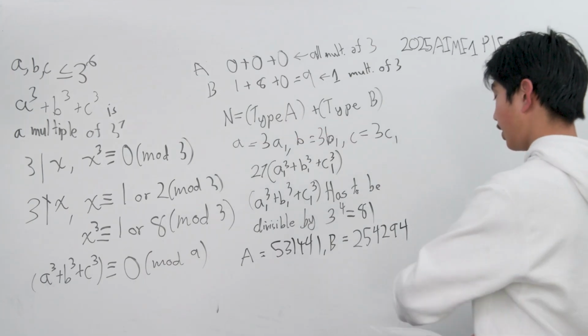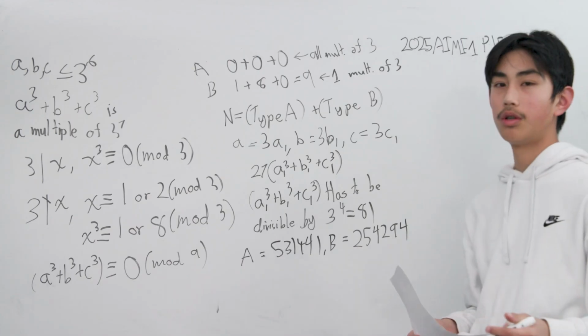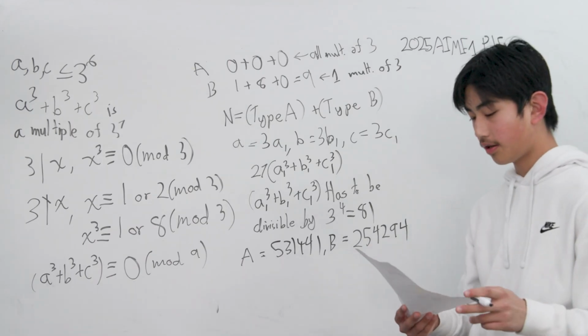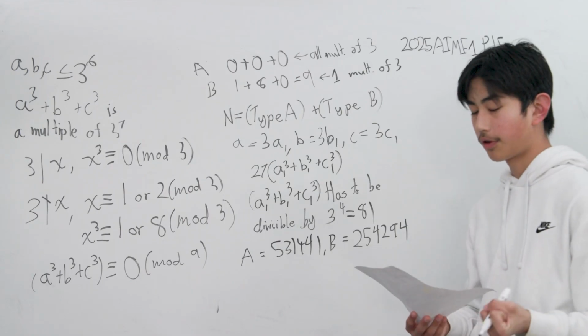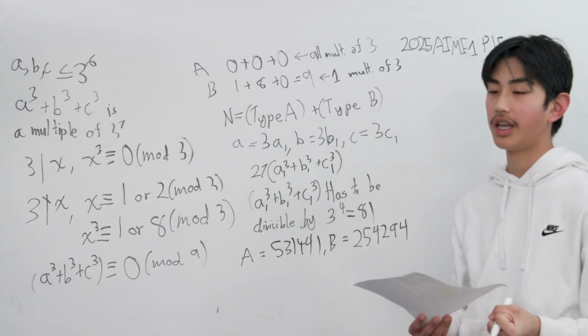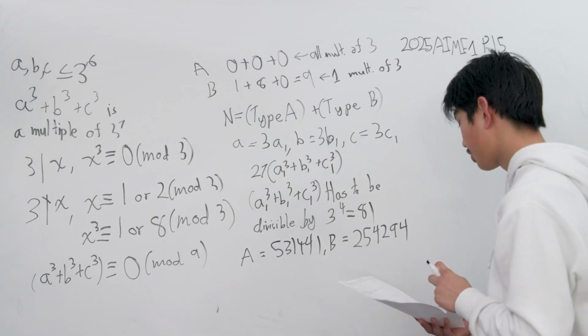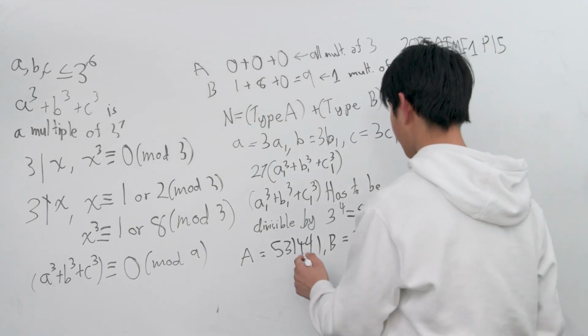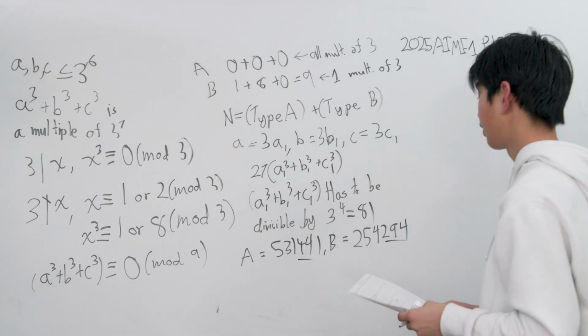And this huge number, when we sum these two, obviously can't be our answer, right? Because first of all, AIME requires all answers to be integers from 0 to 999. So we have to do mod 1,000. Basically, all we care about is the last 3 digits.